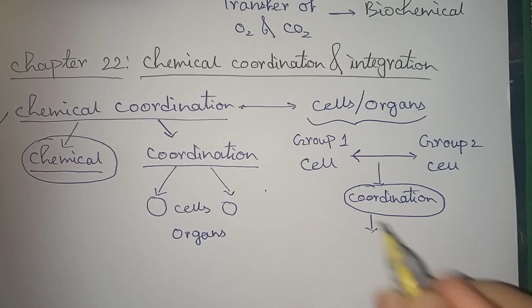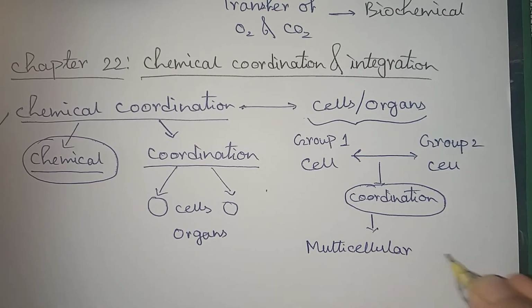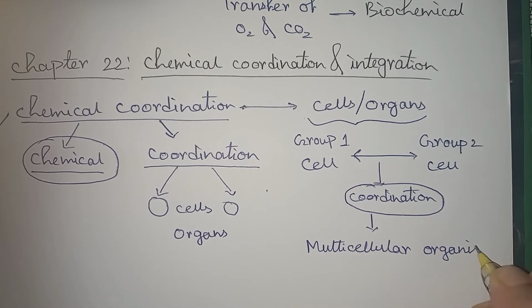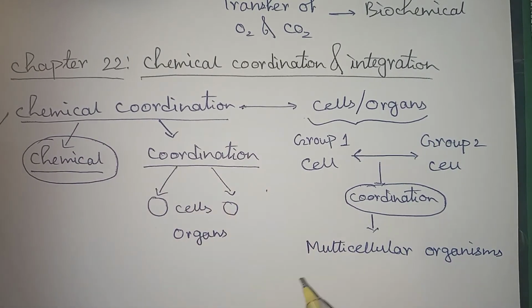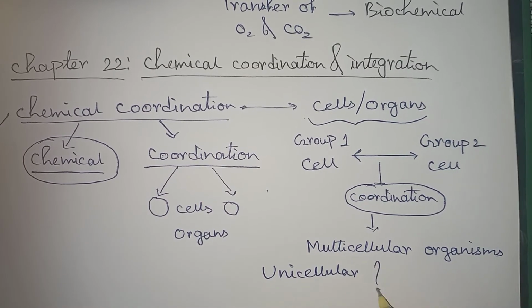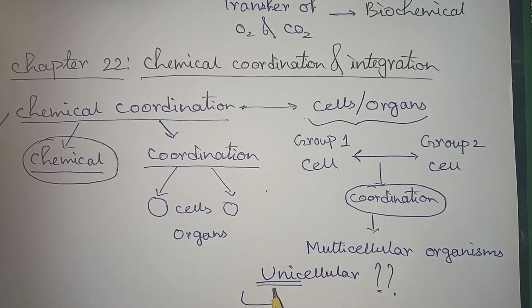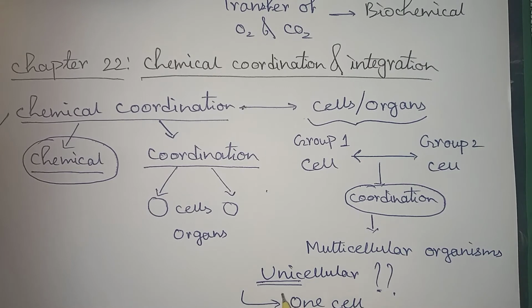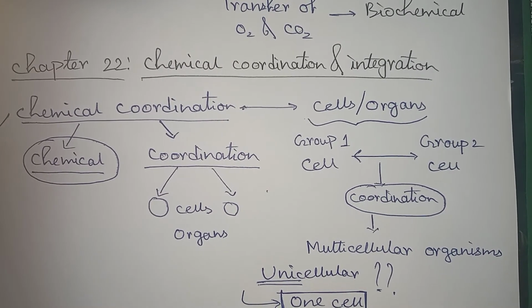So it occurs in multicellular organisms, because multicellular organisms contain different types of cells. Why is chemical coordination not possible in unicellular organisms? Because a unicellular organism consists of only one cell. So there is no need of coordination between two cells because only one cell is present. Is it clear?